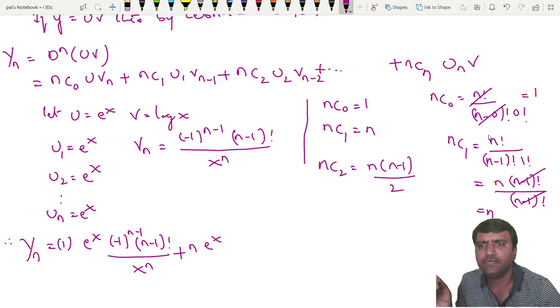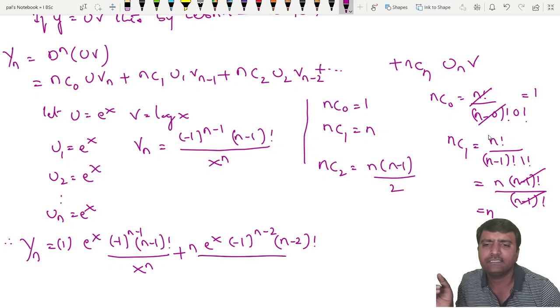Nothing much, you need to reduce one number: wherever there is n, put n minus 1 in vn. So if you put n minus 1 in vn, you get vn minus 1. So then it becomes minus 1 to the power n minus 2, n minus 2 factorial, divided by x to the power n minus 1. So like that it continues.